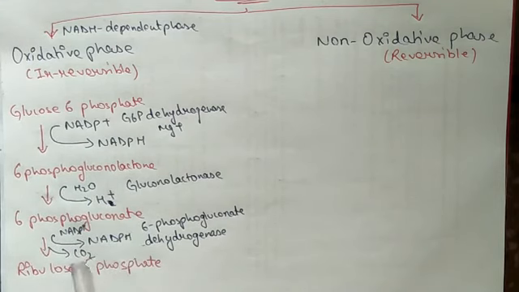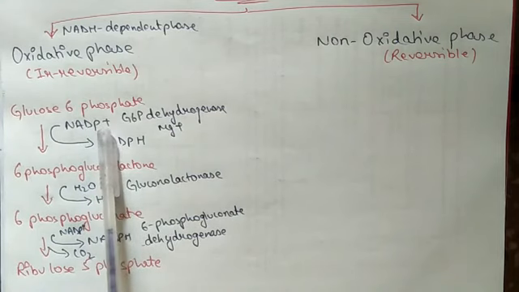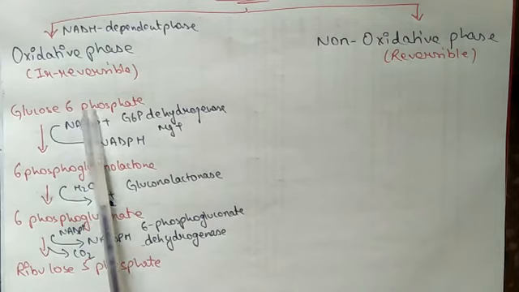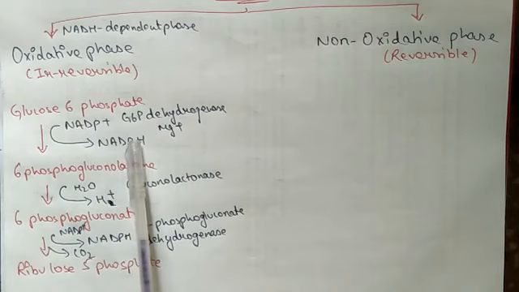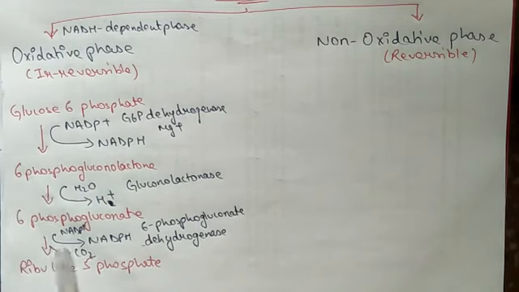Okay, so in pentose phosphate pathway oxidation, glucose 6-phosphate utilizes NADP plus rather than NAD plus, which is used in the glycolysis process. If you remember, glycolysis utilizes NAD plus. So here we use NADP plus for the production of NADPH, and the main difference is that when NADP plus gets converted into NADPH, there is a release of CO2.